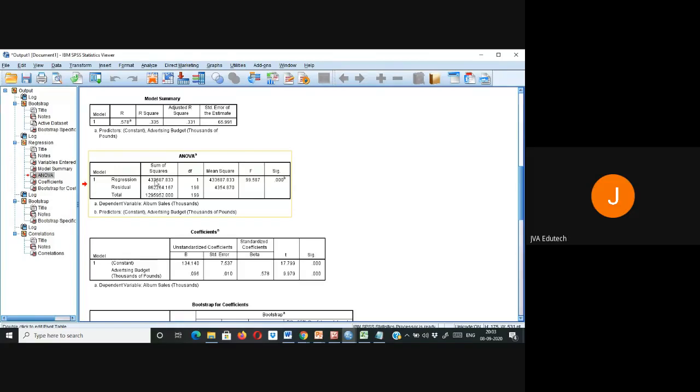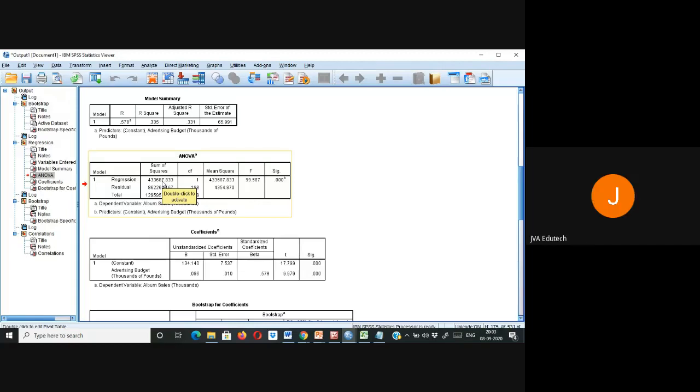The first sum of squares is known as SSM, the model sum of squares. Please mute, somebody is having background noise.